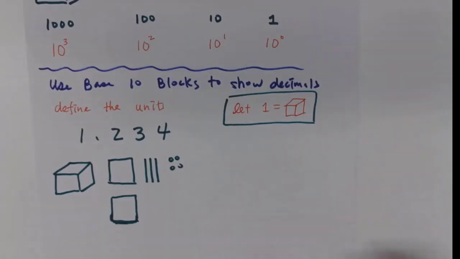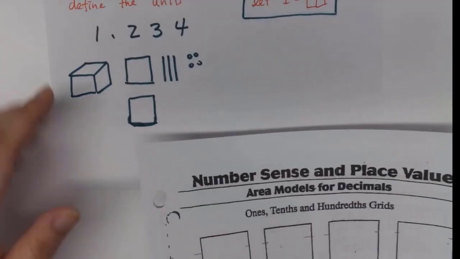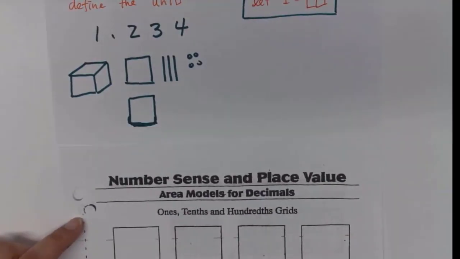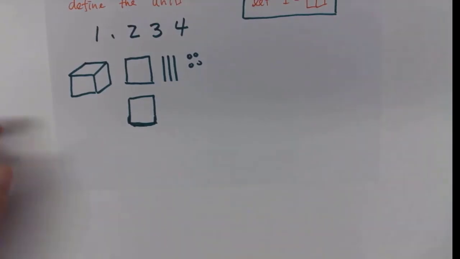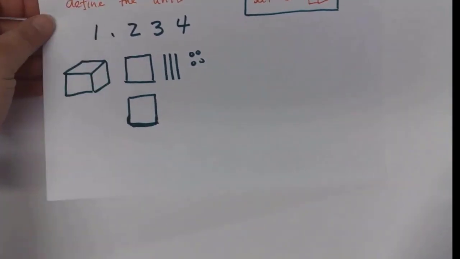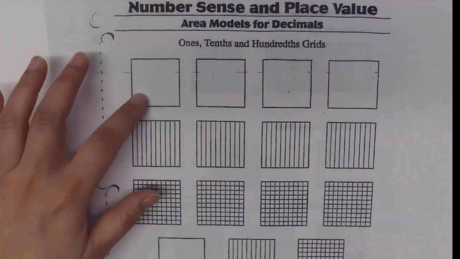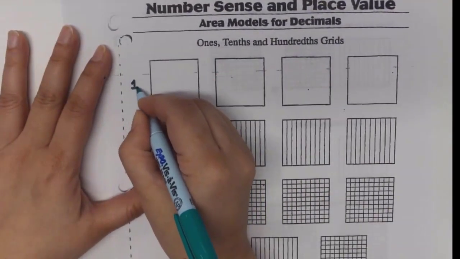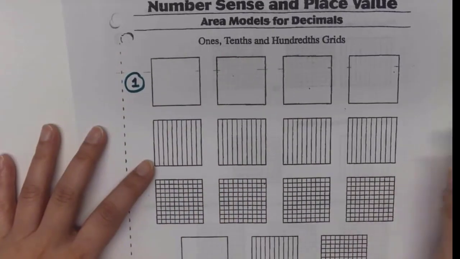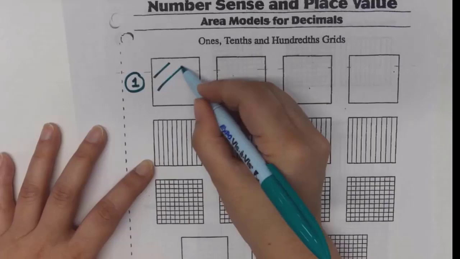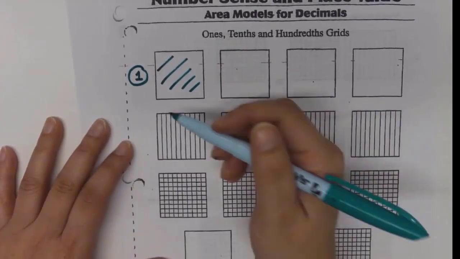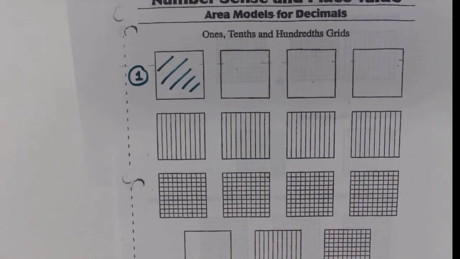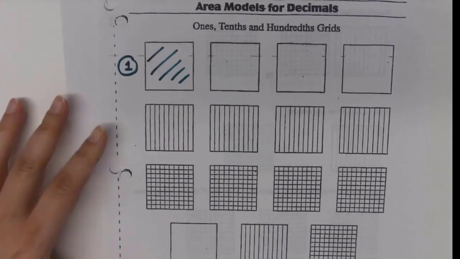So let's use this handout. This is like an area model for your decimals. And we're going to go through this pretty quickly. First of all, we're going to have ones, tenths, and hundredths using your base 10 blocks. So I can use the flat as my 1 this time, because that's all they give me. If I use 1 flat as 1, then 1 long will represent what? This is 1, this will be a long here.